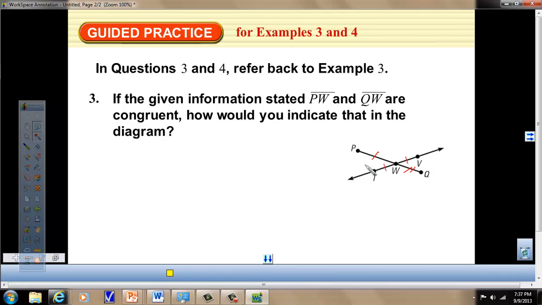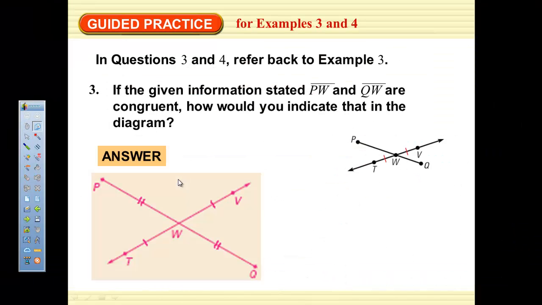So in other words, if I had put this here and this here, then that would tell me that all 4 of these are equal. We want to state that these are equal, but we don't know if PW is congruent to TW. So that's all you do. I would put 2 tick marks on PW and 2 tick marks on WQ. So it looks something like that. Okay?